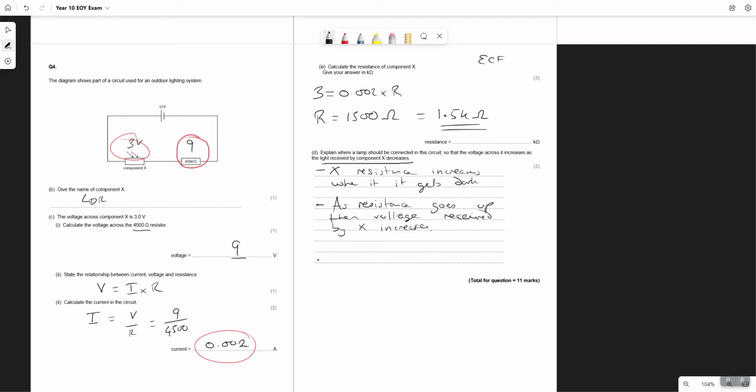So where therefore do we want to put the bulb? You can imagine that this is a bulb. We can immediately see that putting a bulb in series is not helpful. It cannot work, because if the bulb is in series with these other 2 components, as it gets darker, this thing is just going to hog more and more voltage.